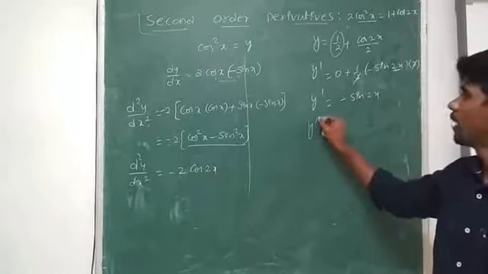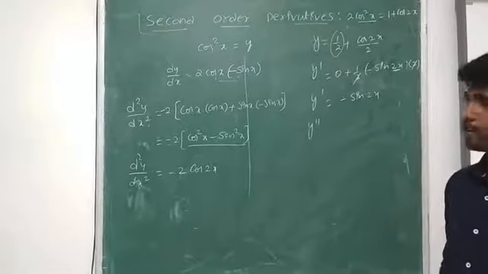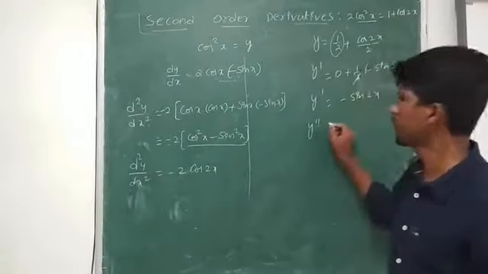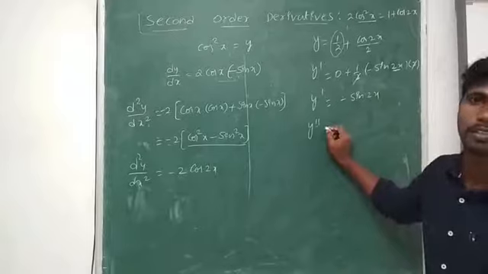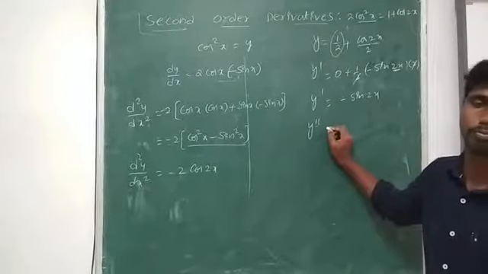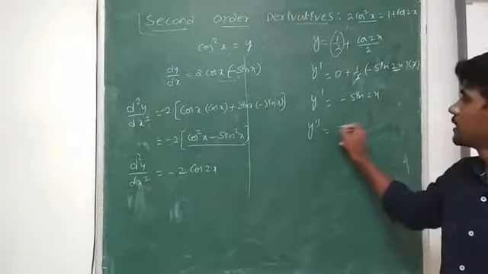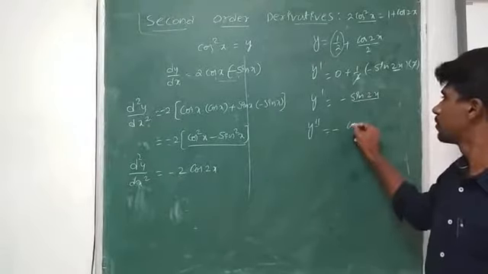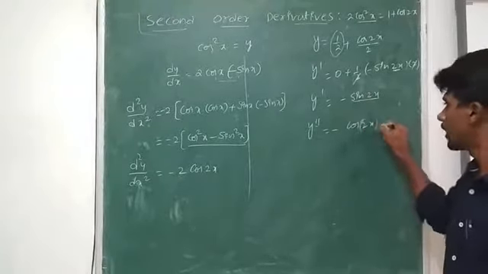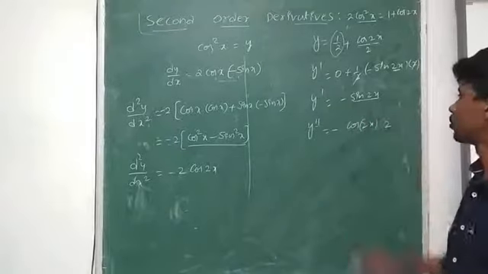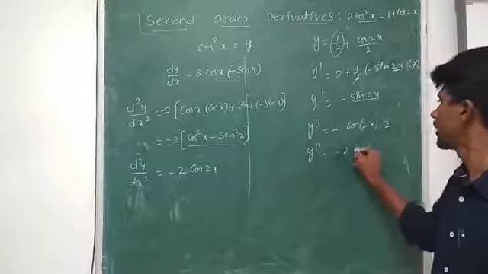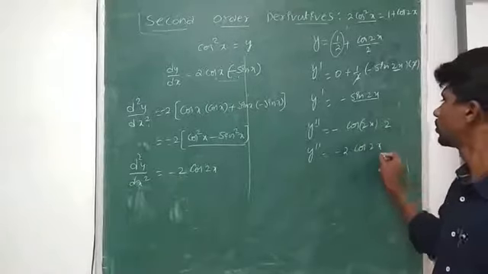Now y double dash, the second derivative. Here I use d2y by dx square, and I am using another notation; both are the same, the second derivative. Now y double dash is equal to minus, as usual, sin 2x derivative, cos 2x, into the derivative of 2x, which is 2. So y double dash is equal to minus 2 into cos 2x.